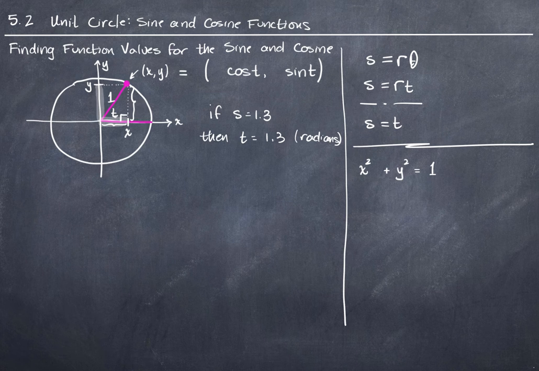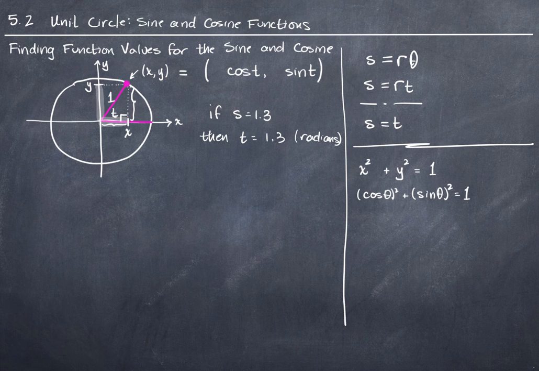But we said that x was going to be defined as r cosine theta, and in the unit circle, that's just cosine theta, not r cosine theta. It is still r cosine theta, but r is 1, right? So we're going to have cosine theta plus y is equal to sine theta, and that's going to be squared, and that's going to be equal to 1.